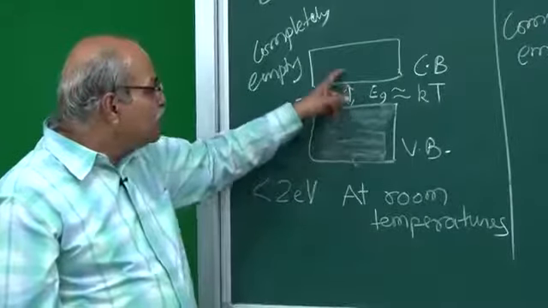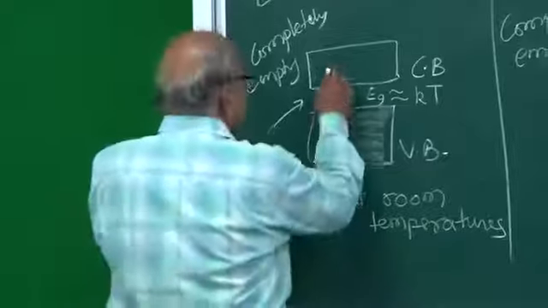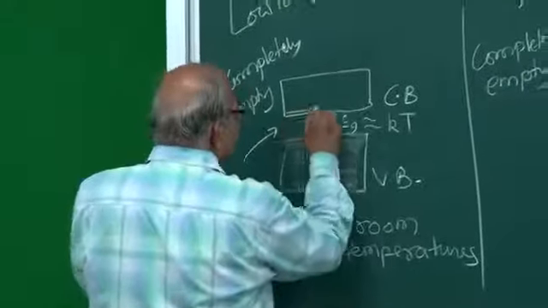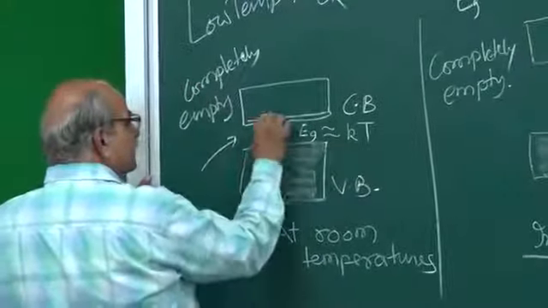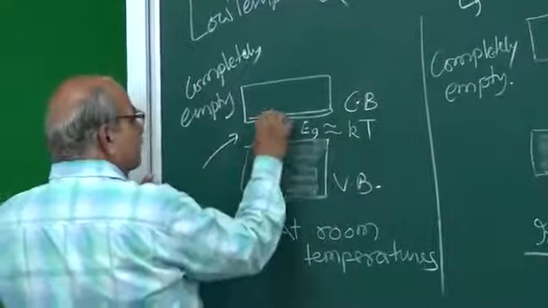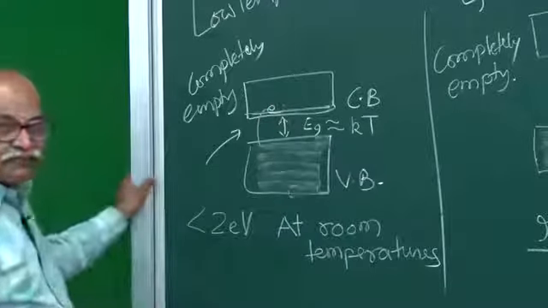And if they move here, then you have all these empty states, and one electron going from here will populate this quantum state, another electron going here will populate another quantum state.